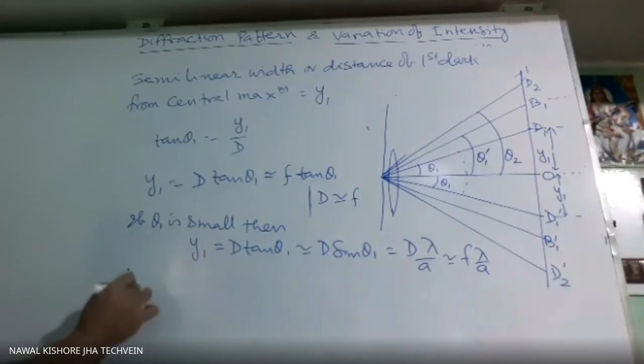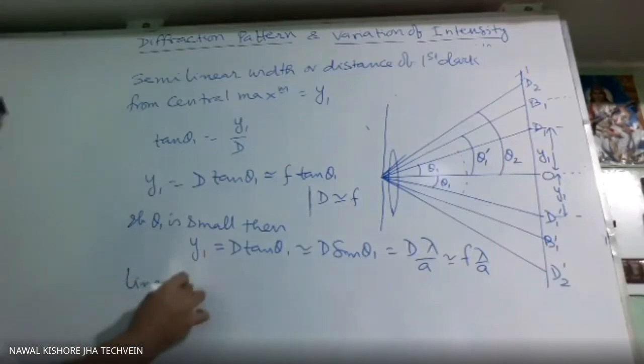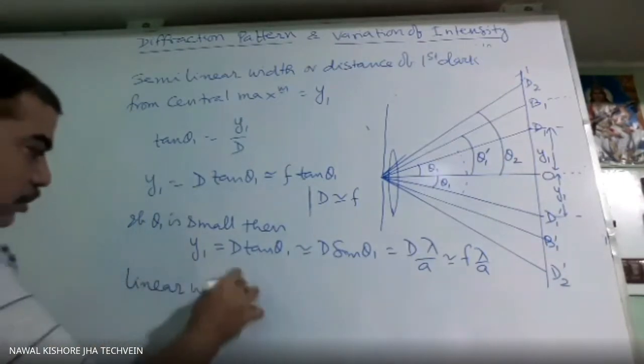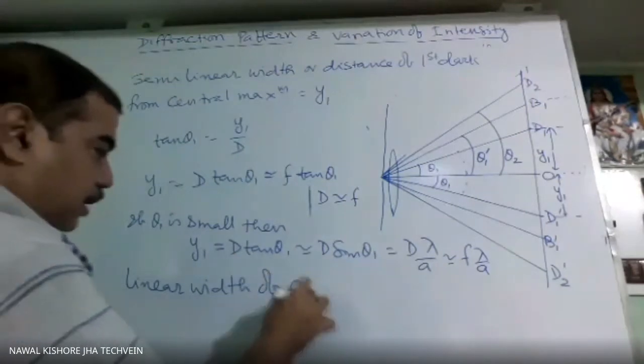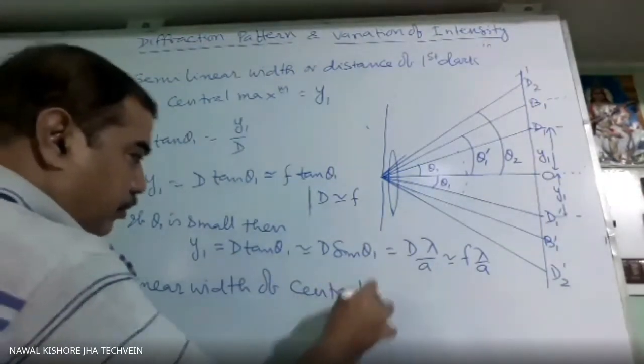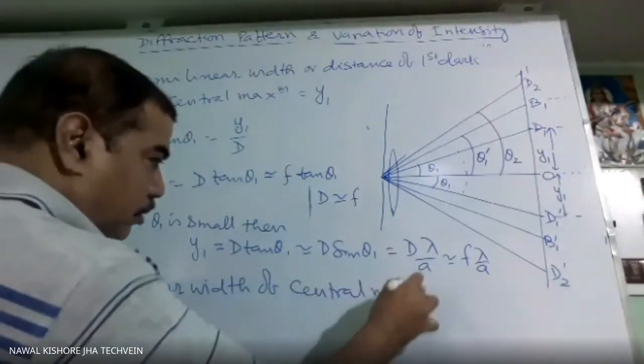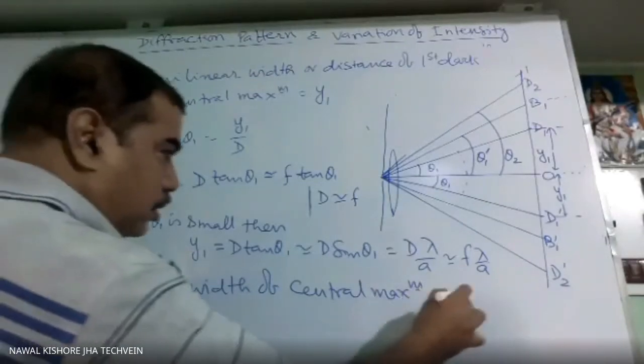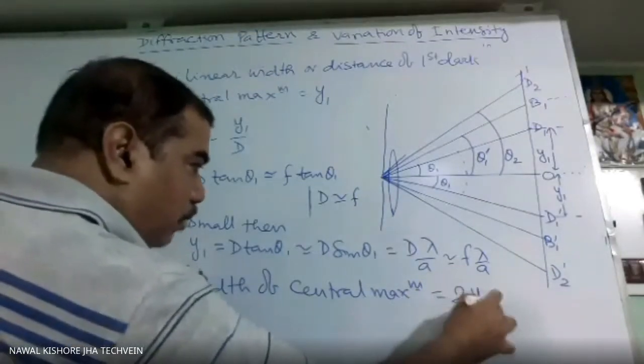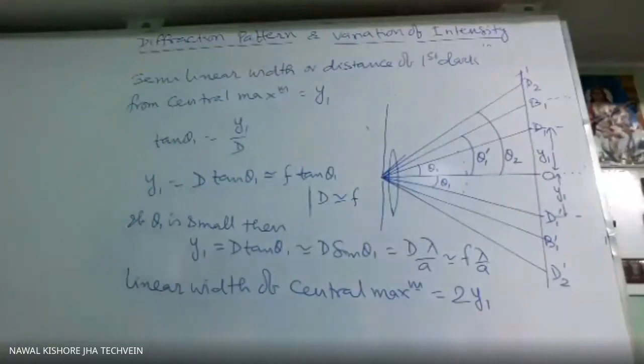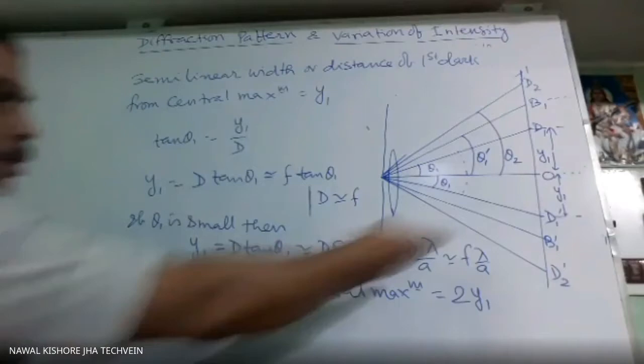Now the linear width of the central maximum. This is 2y1, naturally twice of this.